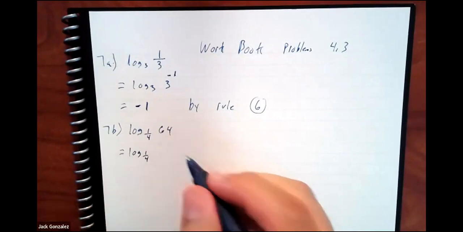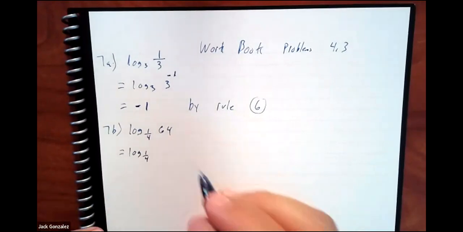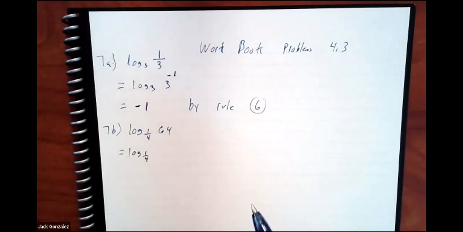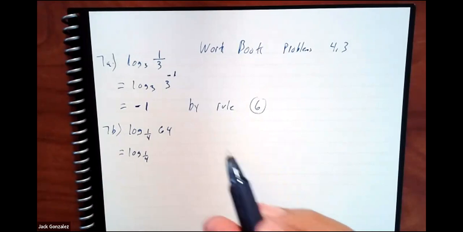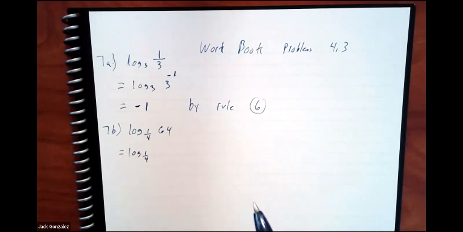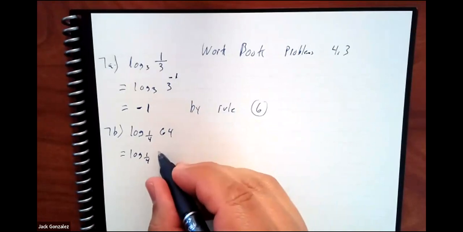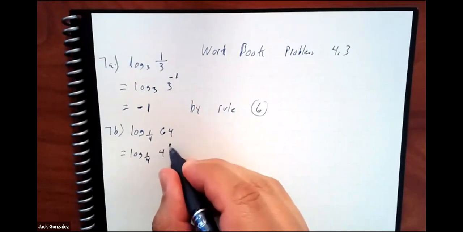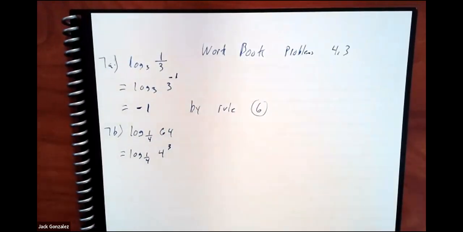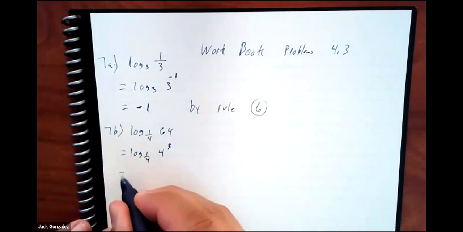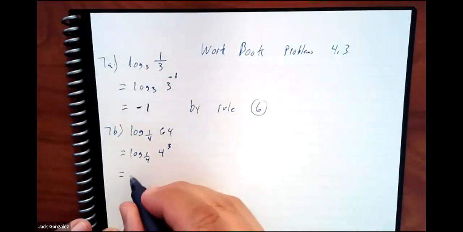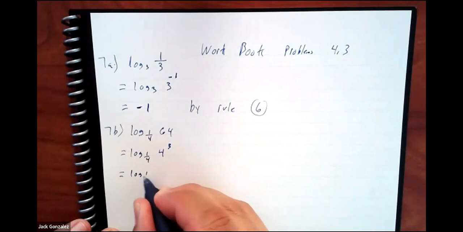So 64 is 4 to the how many powers? 4 times 4 is 16, 16 times 4 is 64, right? 3. But they still don't match because it's not a 1/4. It's a regular 4. So do the opposite of what we did on part A. Bring it to the bottom.